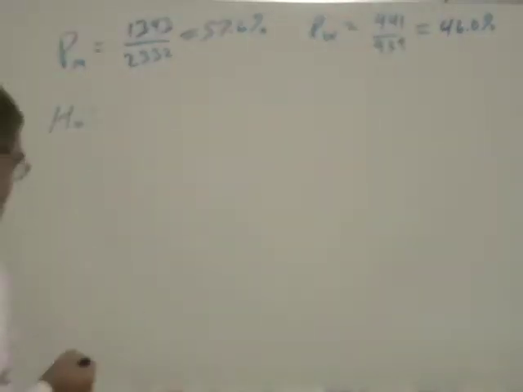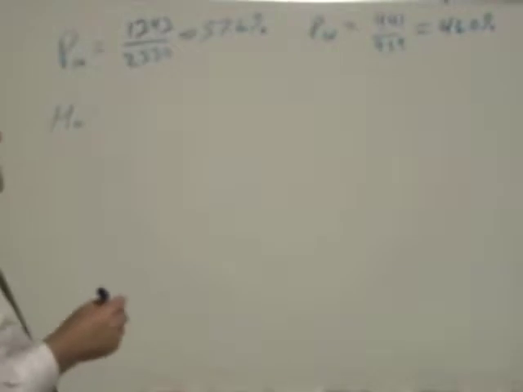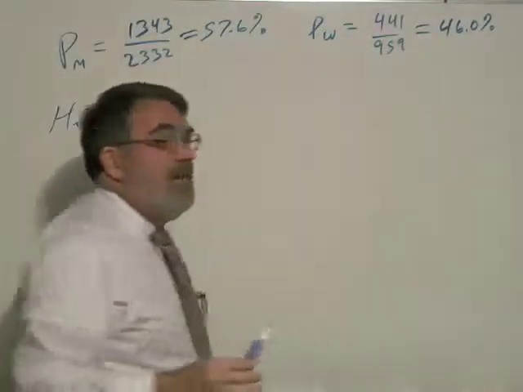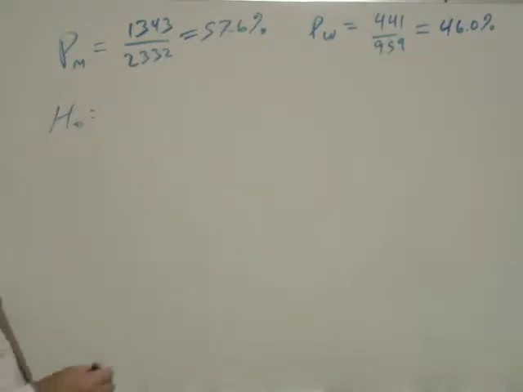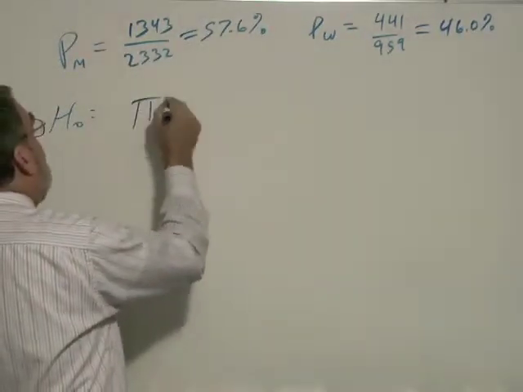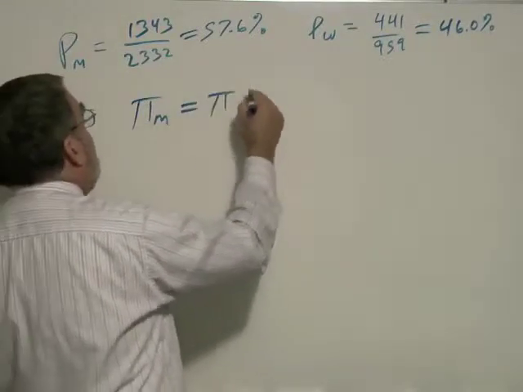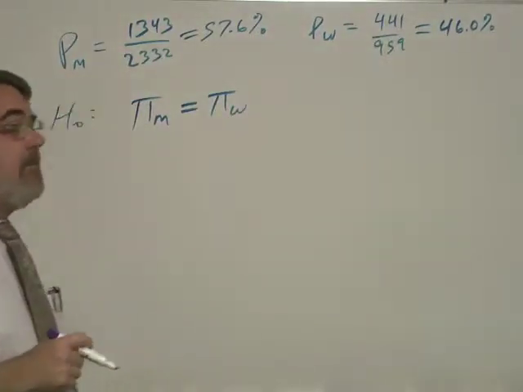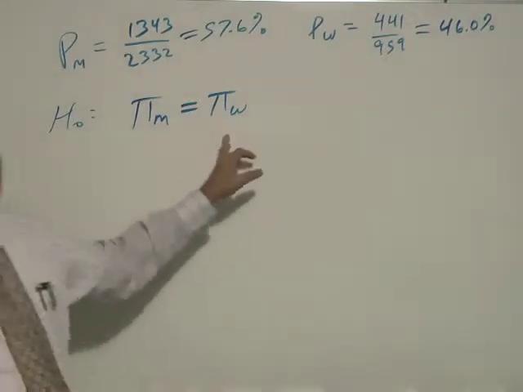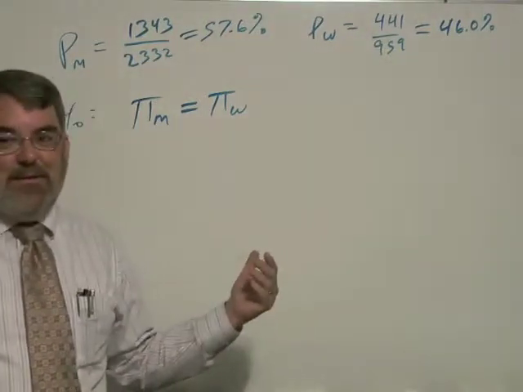But we'll see. All right, null hypothesis then would be what? Well, if we're testing to see if one is higher than the other, then the null would be that they're the same. And so the population percentage for men is the same as for women. Now I use the capital Pi for population percentage.